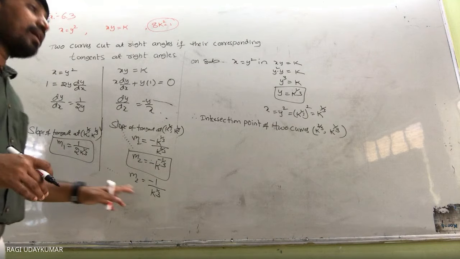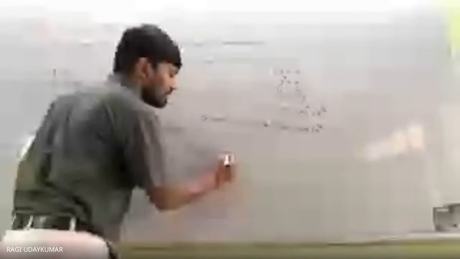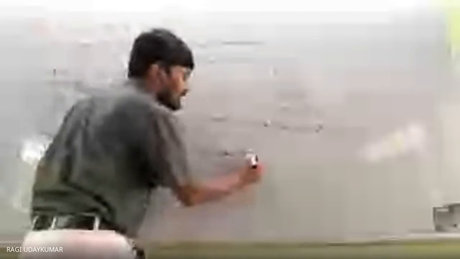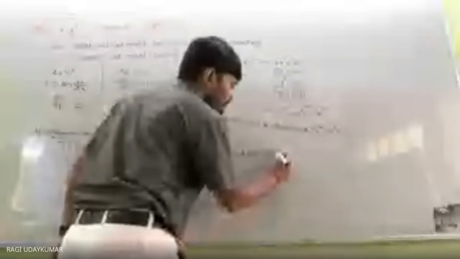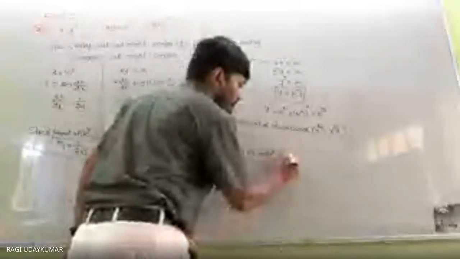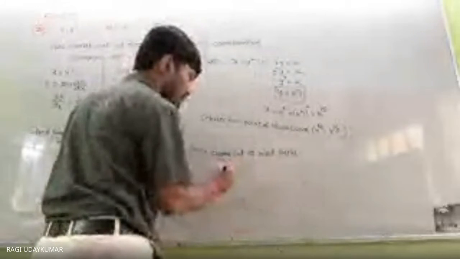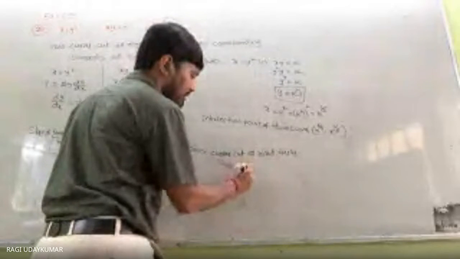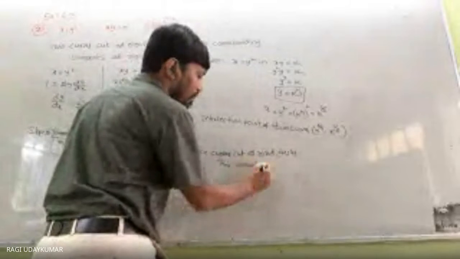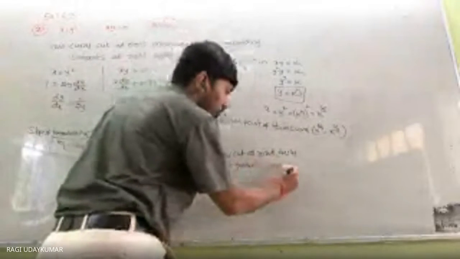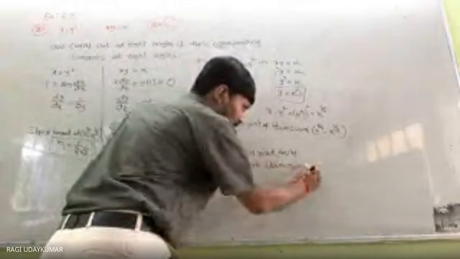Now here, since the curves cut at right angles, the tangents are perpendicular to each other.